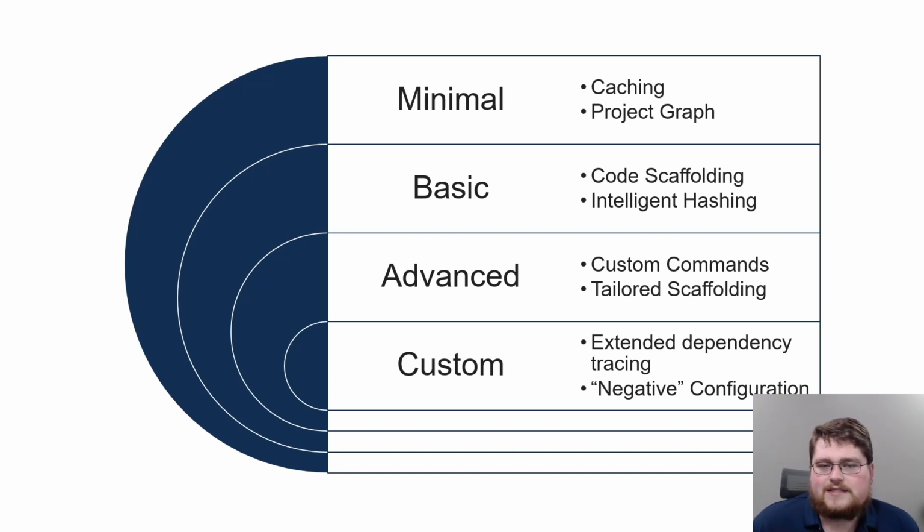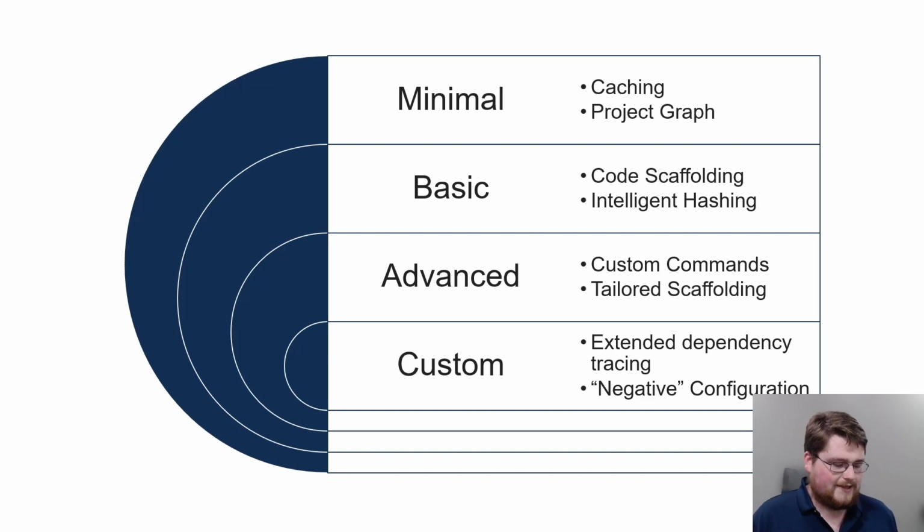So this is things like being able to process the dependency graph and pick up dependencies that NX doesn't know about. In particular, this might be picking up on whenever a plugin is pulling in a dependency based on an artifact from another target or something like that.